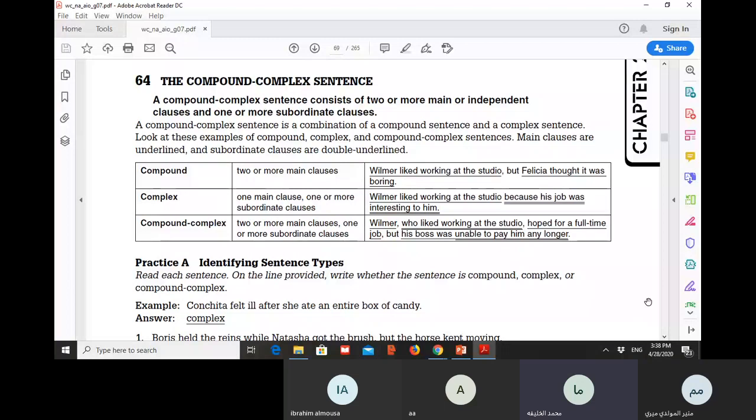Complex, one main clause, one or more subordinate clauses: Wilma liked working at the studio because his job was interesting to him. Compound complex, two or more main clauses, one or more subordinate clauses: Wilma, who liked working at the studio, hoped for a full-time job, but his boss was unable to pay him any longer. Practice A. Identify sentence types.